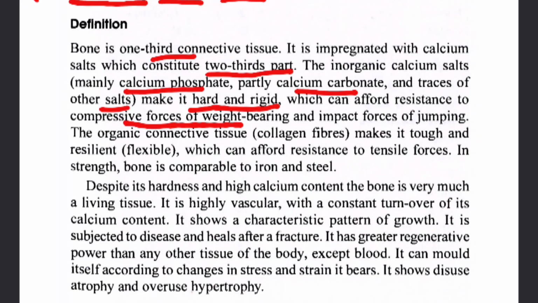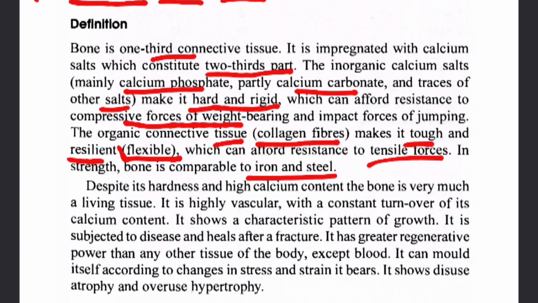Then the organic part, as we have studied the inorganic part, that is constituting of salts, the organic part has tissue that is mainly collagen fibers that makes it tough and resilient, basically flexible, okay, and which can afford resistance to tensile forces. In strength, bone is comparable to iron and steel. It is very tough, hard, and it is compared to iron and steel.